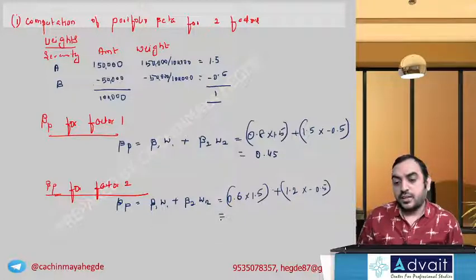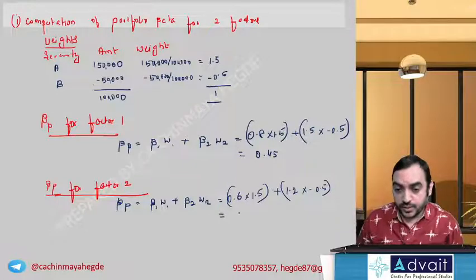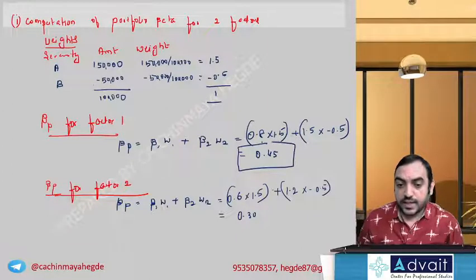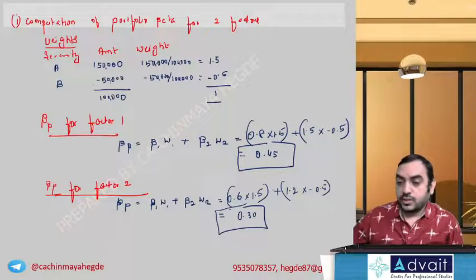So 0.9 minus 0.6. You get 0.3. So you get 0.45 as the factor 1 beta for the portfolio and 0.3 as the factor 2 beta for the portfolio: 0.45 and 0.3.